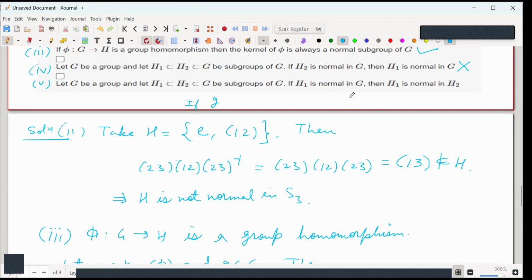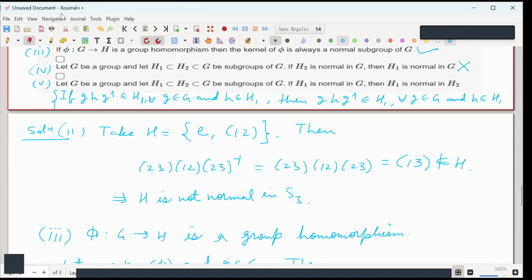So if G H G inverse belongs to H1 for all G belongs to G and H belongs to H1, then G H G inverse belongs to H1 for all G belongs to H2 and H belongs to H1.